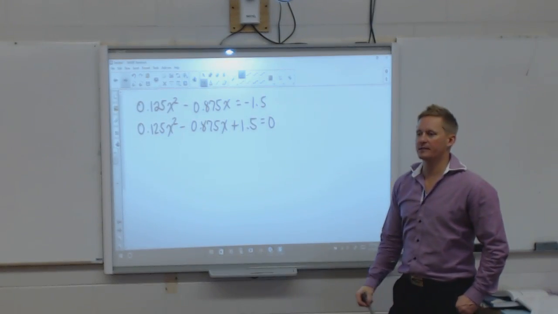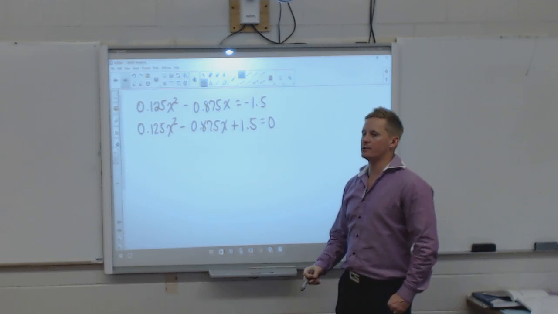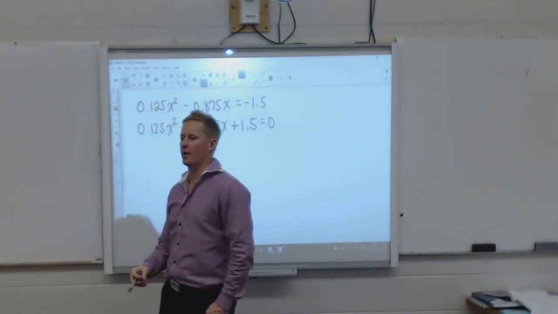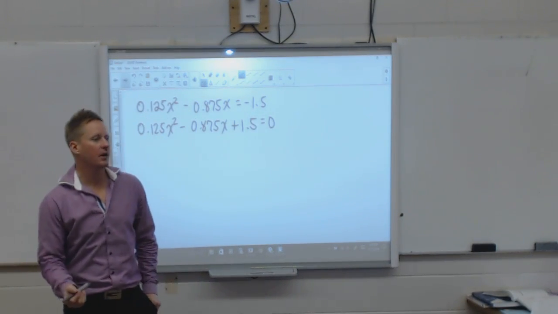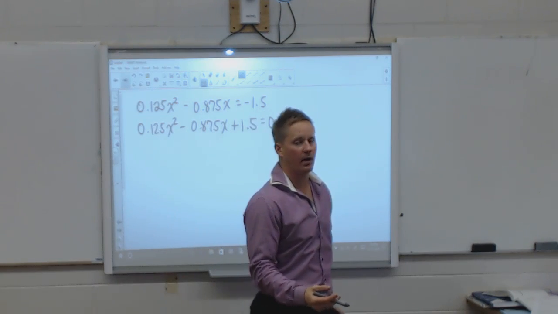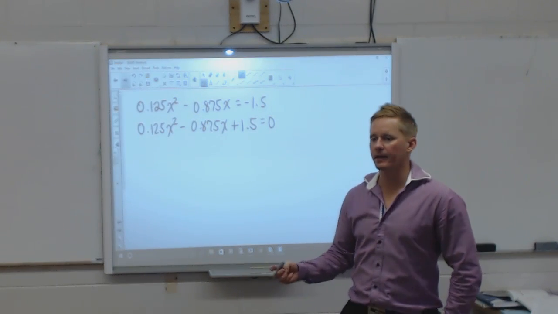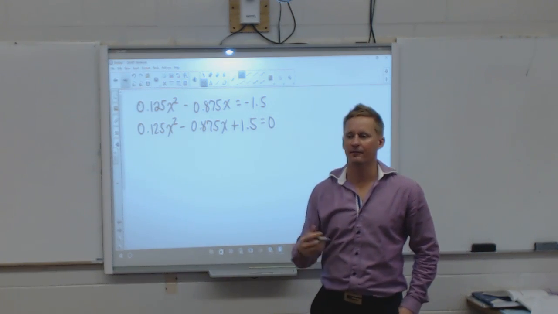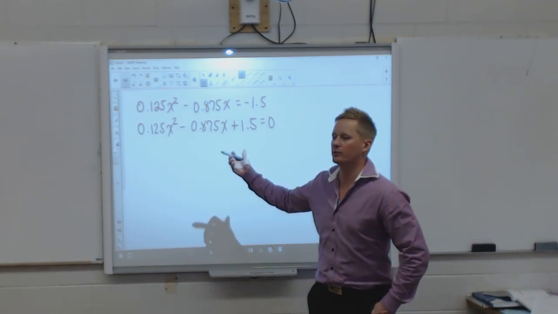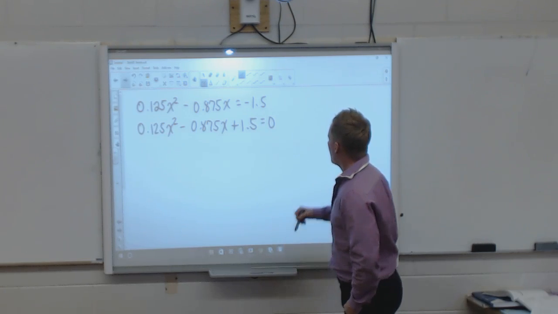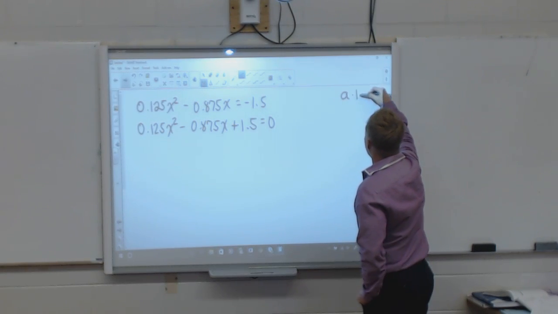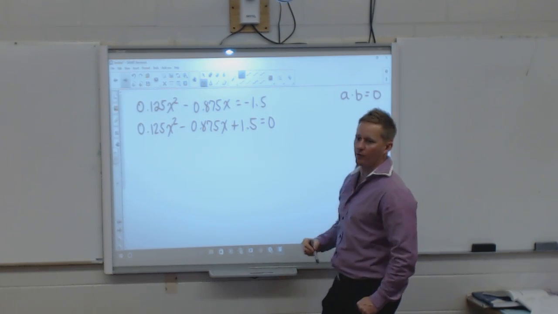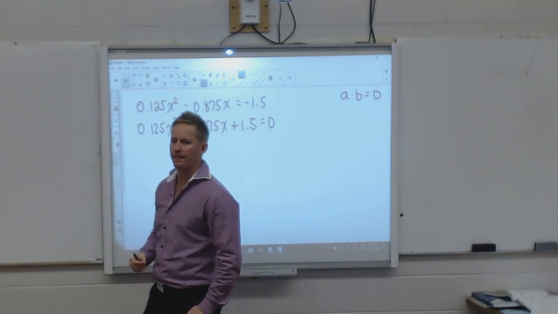Now this is a very standard step that you're going to do anytime you have a quadratic equation. When you do this in grade 12, you're going to do this all the time as well. When you see quadratic equations that are unsolvable in the form that they're in, you get them equal to 0 and then you factor them. Our ultimate goal is to get it into what we call the zero product equation.